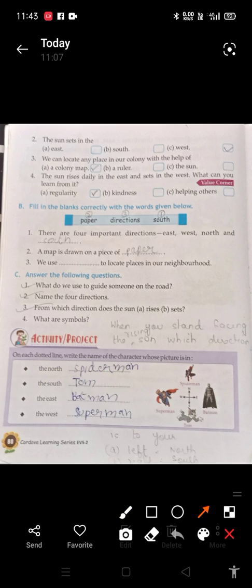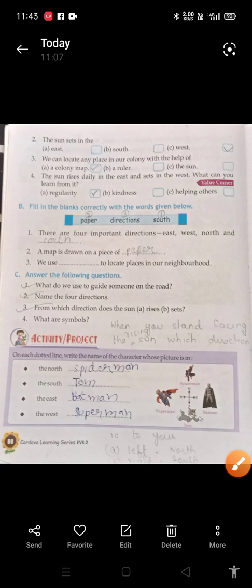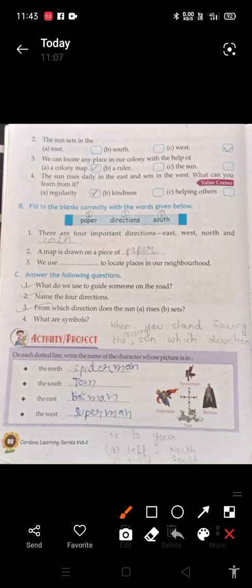Let's go about doing the activity. On each dotted line, write the name of the character whose picture is in the north. 4 main characters have been drawn over here. The characters are Superman, Spider-Man, Batman, and Tom. Let's see which direction they are in.